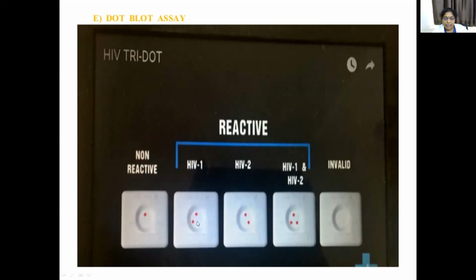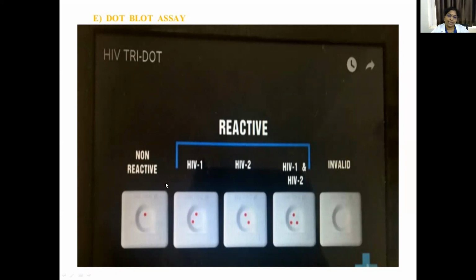And when there is a colored spot along with the control region in the HIV1 region, or in the HIV2 region, or both HIV1 and HIV2 colored spots are seen along with the control spot, it is reactive to HIV. And when there is no colored spot in the control region, the test is invalid.